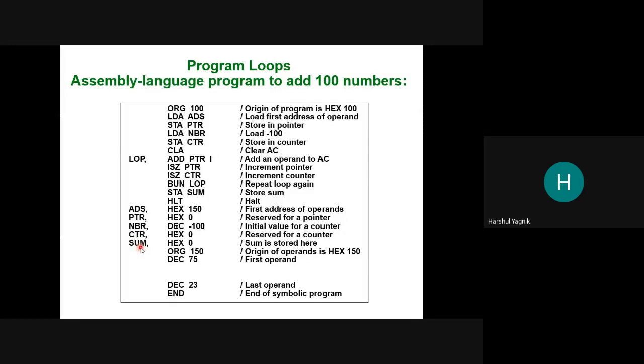What is ADS? ADS is HEX 150. Now remember that all these labels and their values will be mentioned only after the halt instruction. So that is not part of the main program, right?